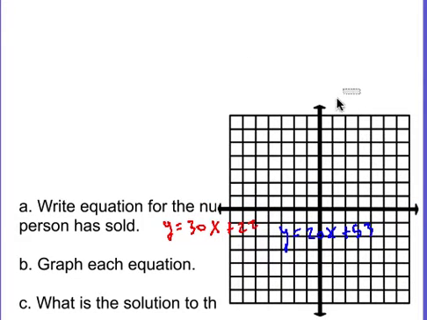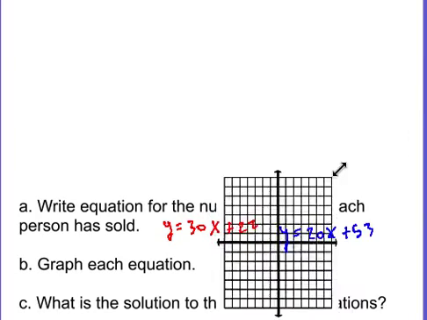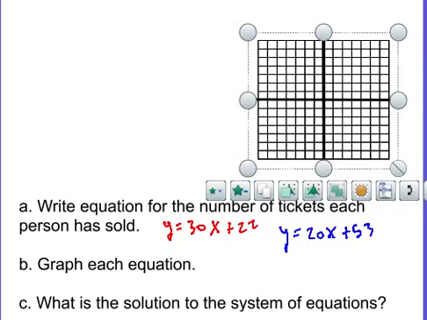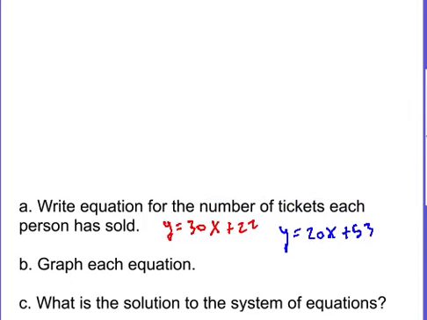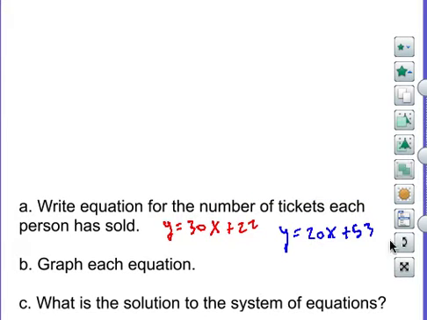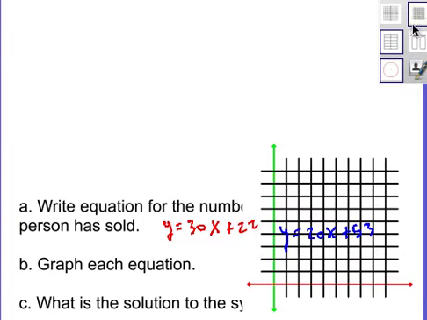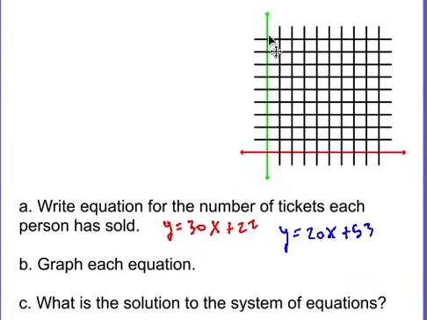Sorry, I should have had this on the sheet. Actually, you know what? Let's get rid of this. This graph is not going to work. Let's use this graph. I like this one better.